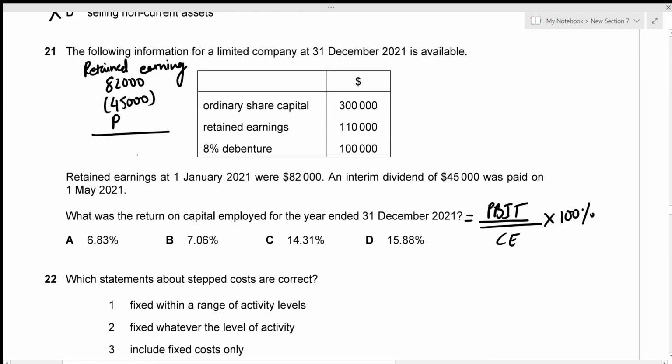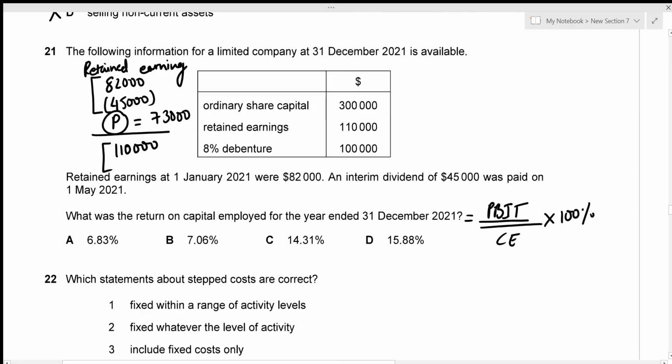That gives us the closing balance of 110,000. Now the profit here acts as a balancing figure, and in order to figure this out, I need to deduct these two values from the total value. That's going to be 110,000 minus 82,000 plus 45,000, which gives us the profit for the year of 73,000.